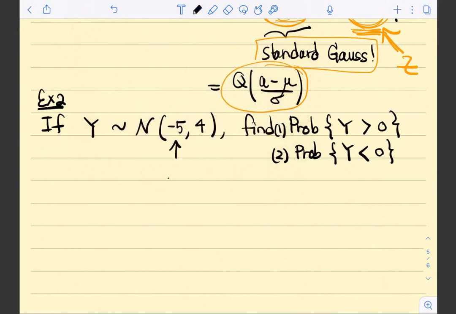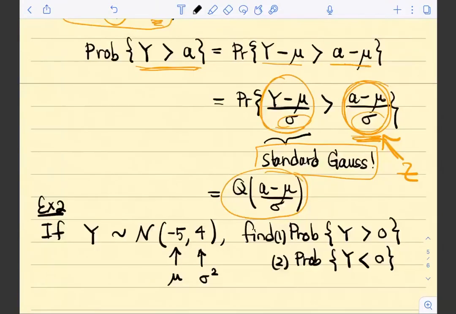So this is mu, this is sigma squared. I want you to find the probability that Y is going to be bigger than 0. Find the probability that Y is less than 0. Let's see what you get. Okay, so this is going to be the last example. Again, I'm going to give you 5 minutes.